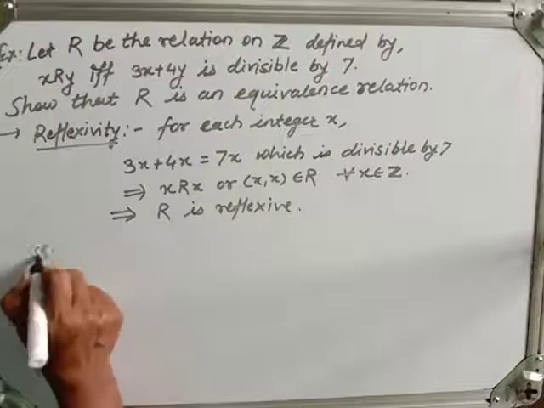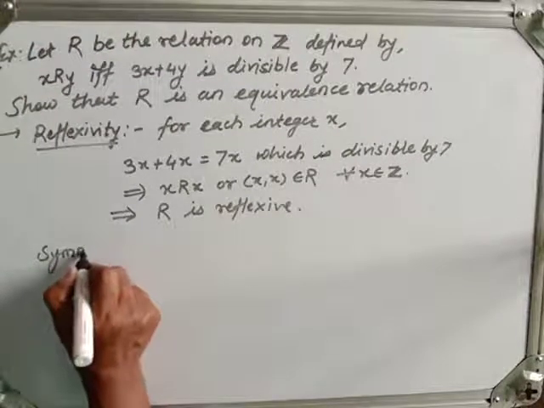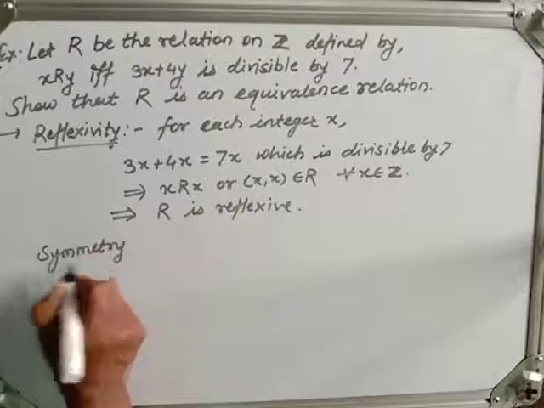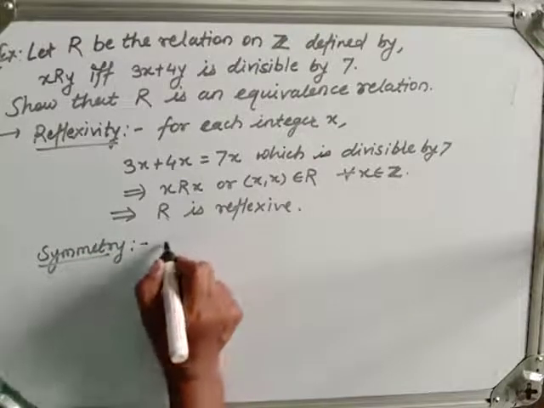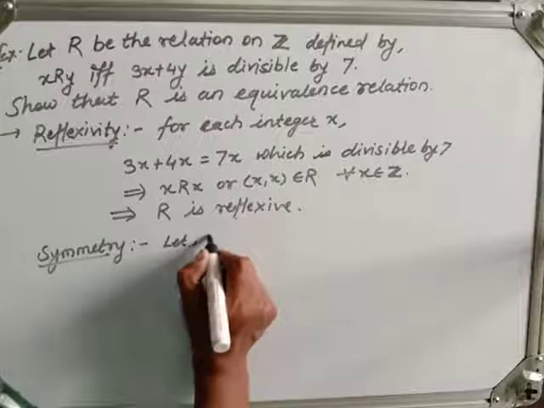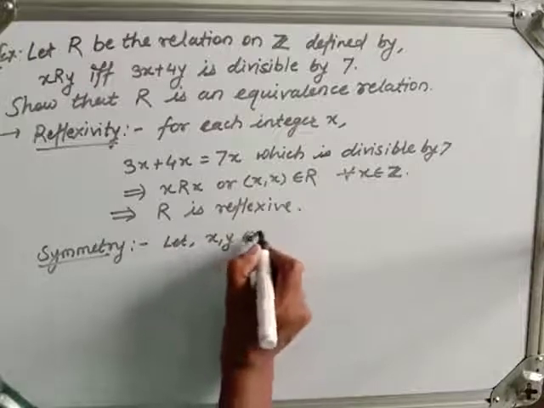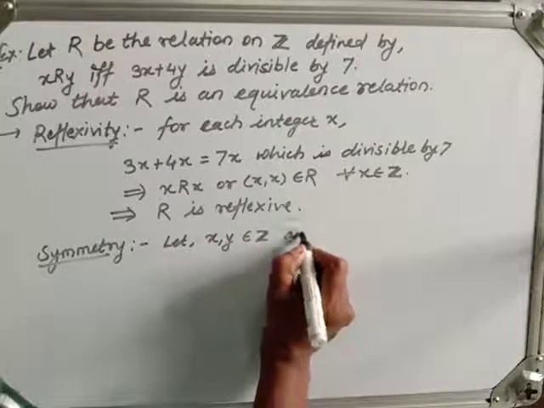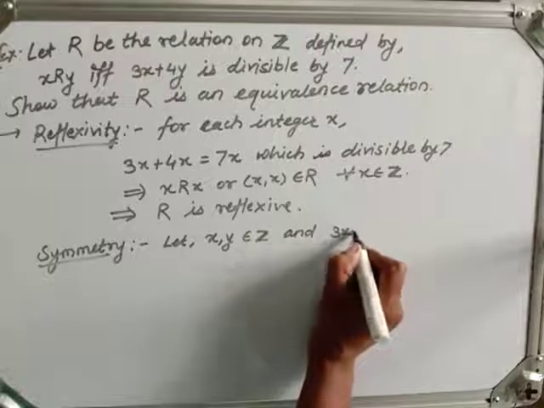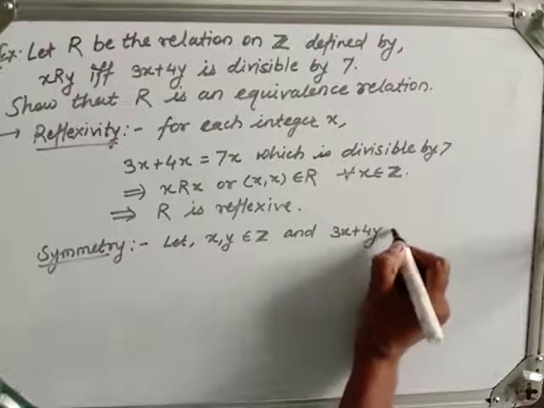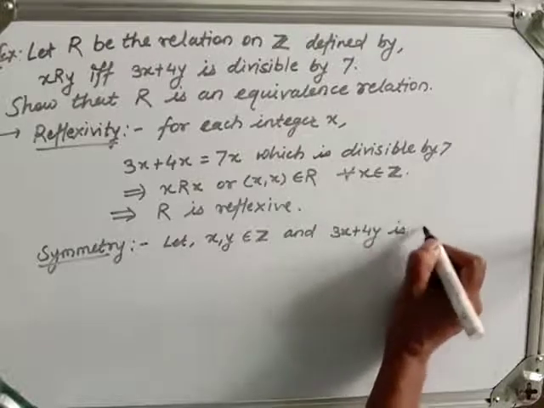Now the second thing is about symmetry. Let x, y be two integers and 3x plus 4y is divisible by 7.